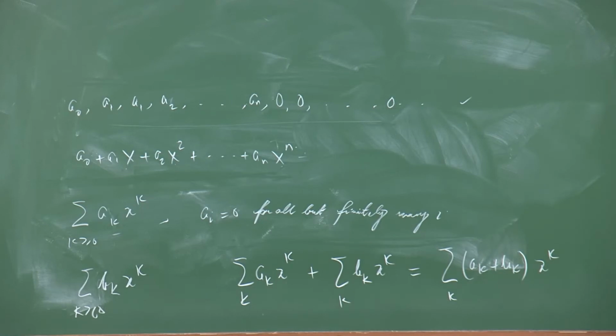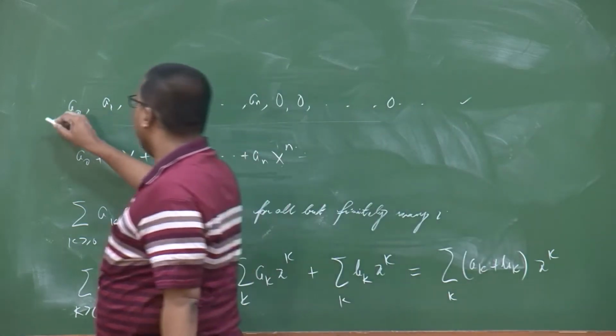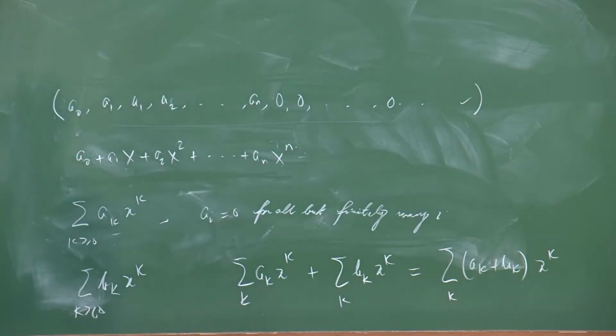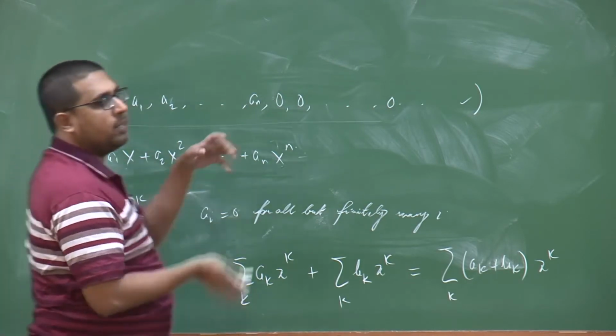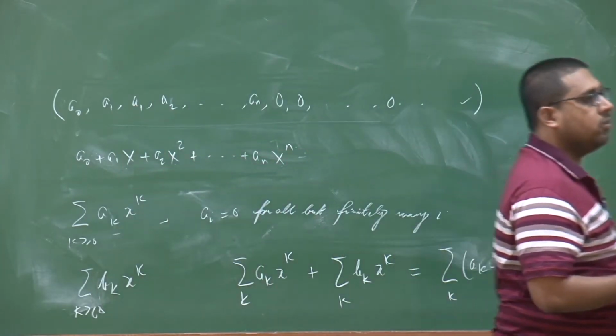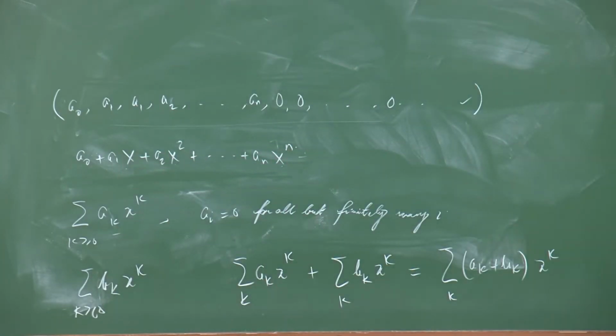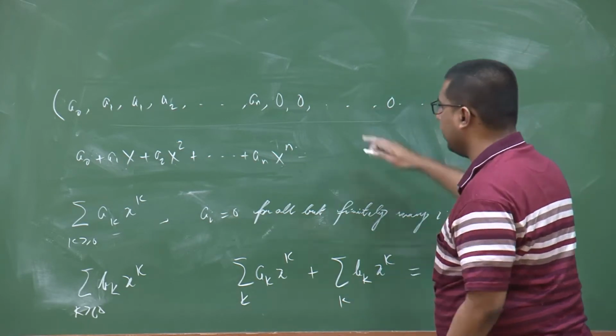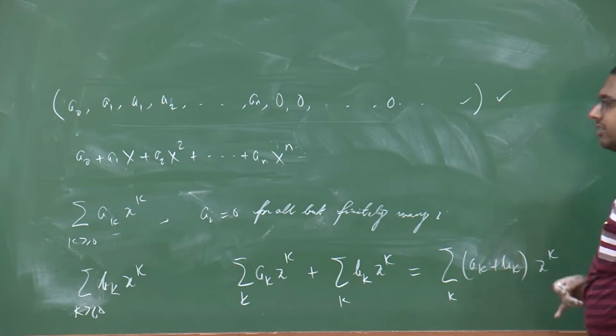That is why, though formally a polynomial is a sequence, this multiplication is indeed different from the usual multiplication of sequences. So when we are discussing polynomials, we will perhaps not view polynomials as sequences.